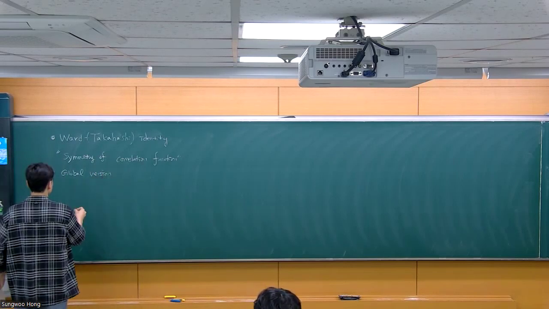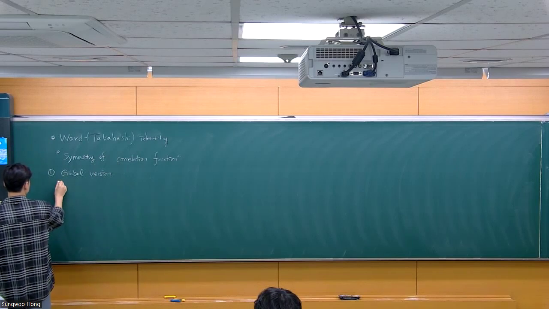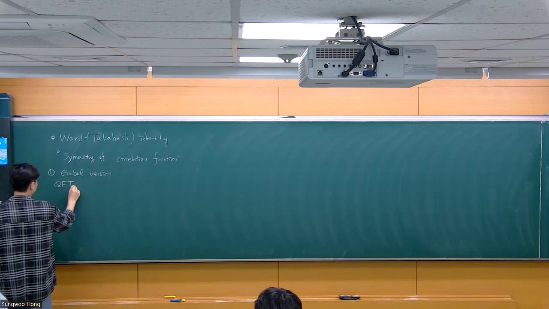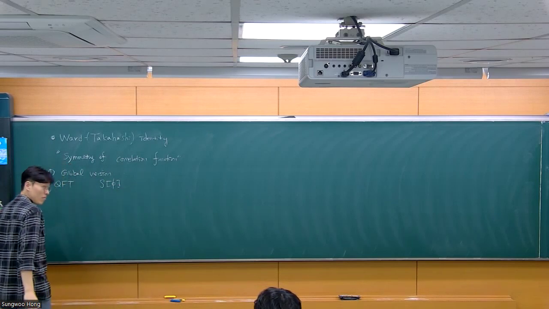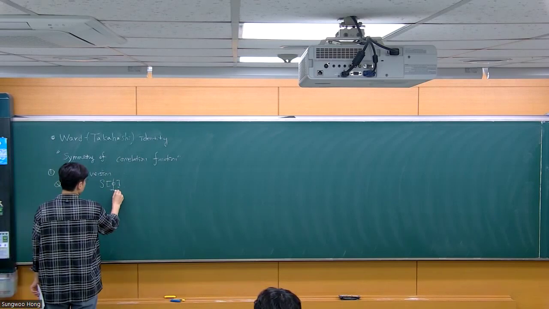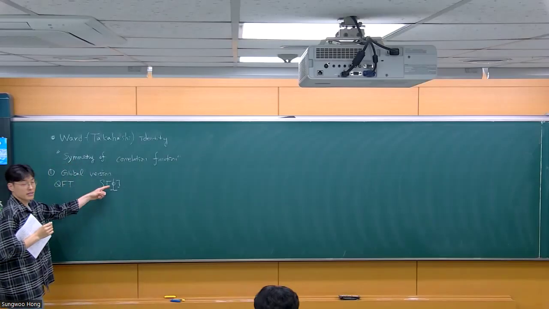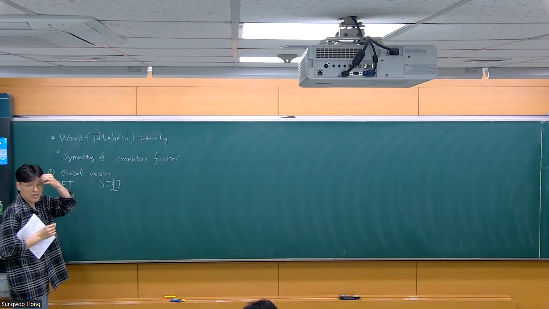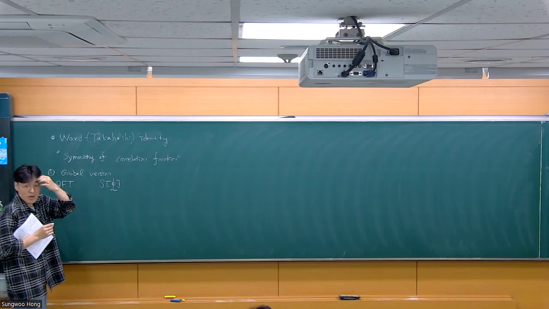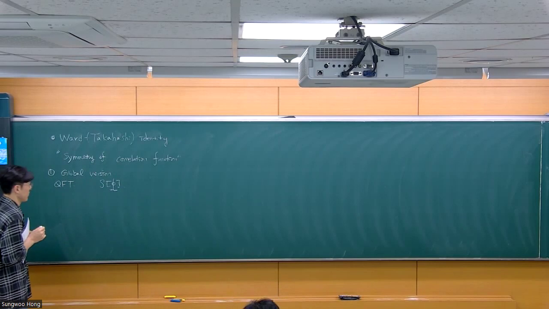So here we assume there's a quantum field theory described by an action. By phi, I don't necessarily mean a scalar field, but it can be any field, like fermion, vector, whatever. All I'm saying is that there's some quantum field described by the action.